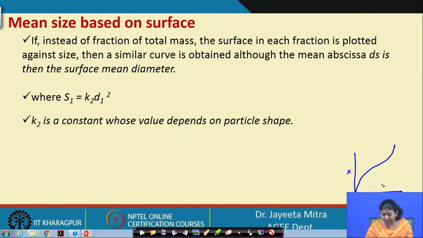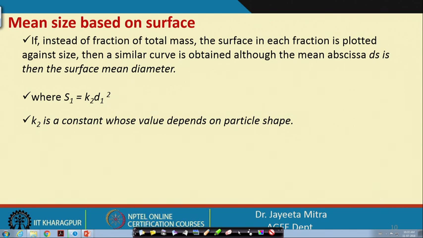Now, instead of x we can plot the surface area, denoted A or S. If we do so, a similar curve is obtained, although the mean abscissa ds is then the surface mean diameter.